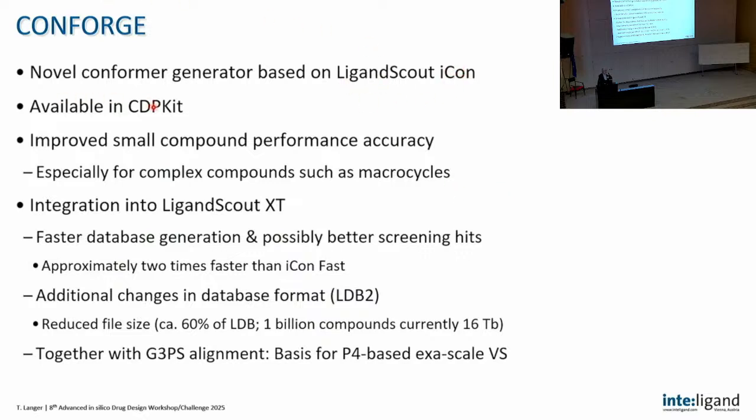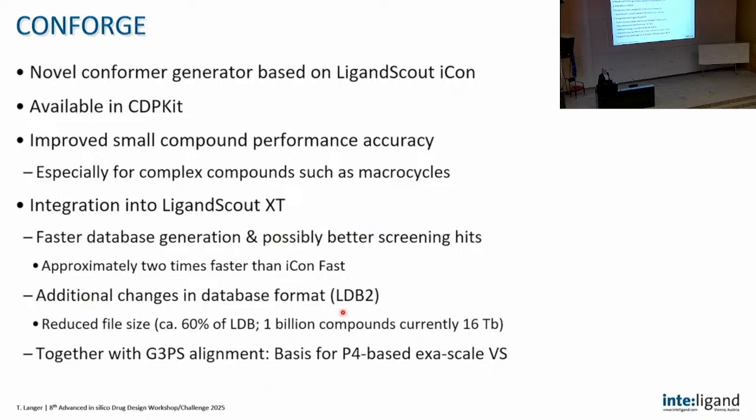It's available in CDPKit, and it improves small compound performance and accuracy, especially for complex structures such as macrocycles. It is integrated already in the alpha version of LigandScout XT, which is the next generation software, and it allows for faster database generation and possibly better screening hits. It's more than 2 times faster than the old Icon fast.